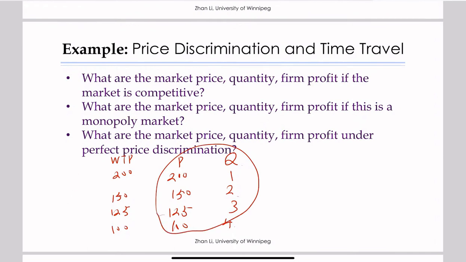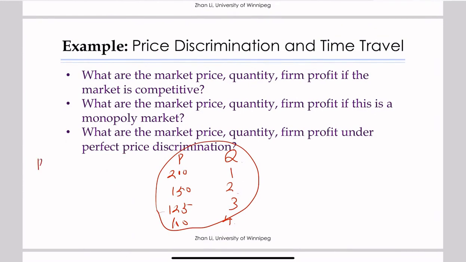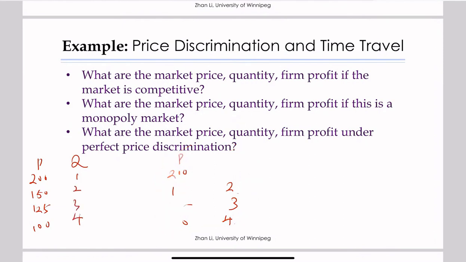So let's copy the demand curve, then we could have more space to work out this problem.